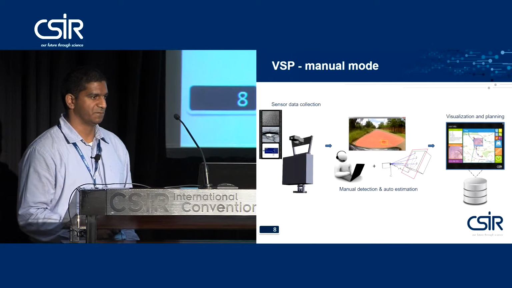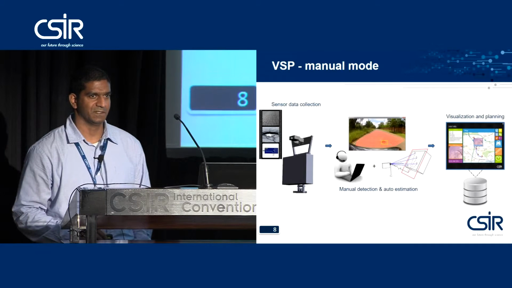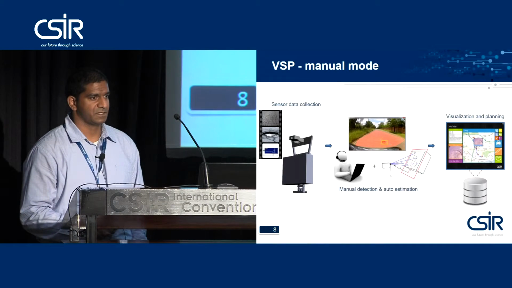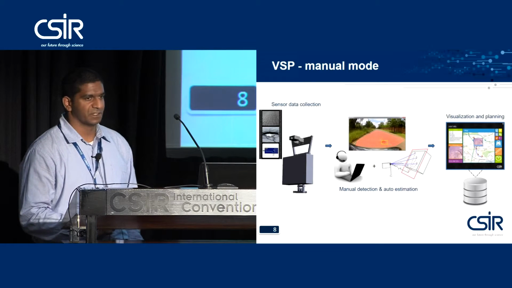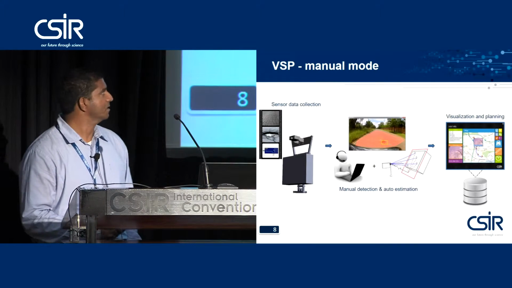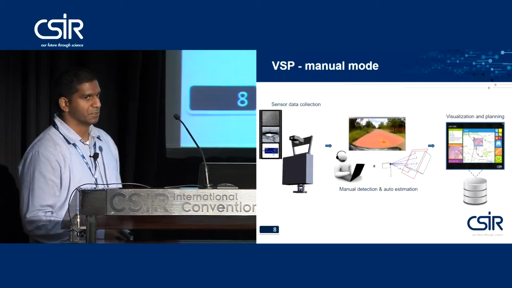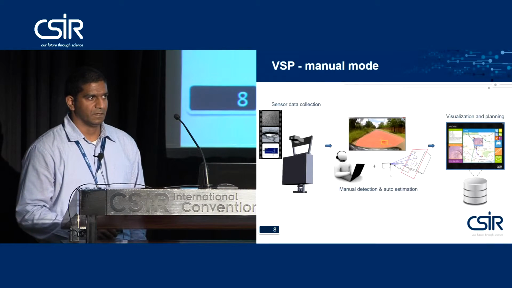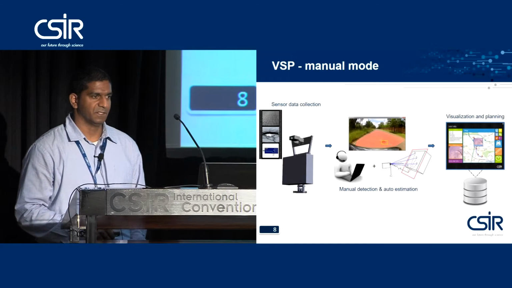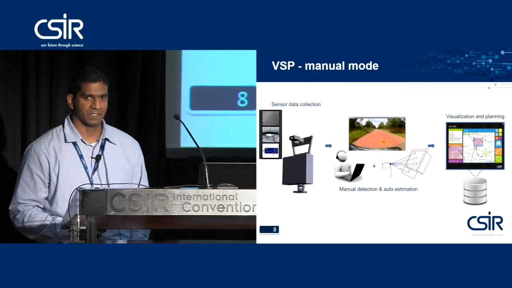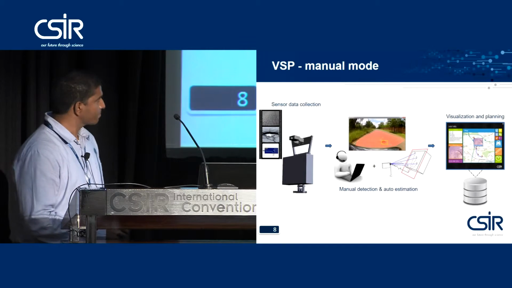So the person watches the video screen and just clicks on something that he thinks is a defect. Then the defect gets automatically sized, and the detection information is put into the database, and you can use the visualization tool again. So we call this thing manual mode, and this is one of the modes that we actually have out in the field being trialed by a few external companies.